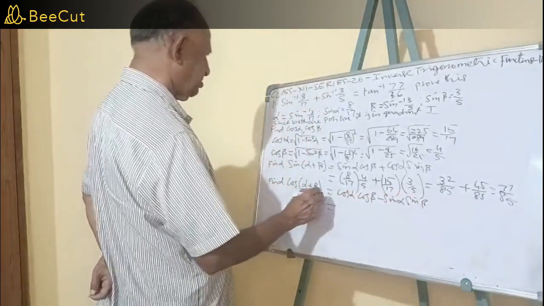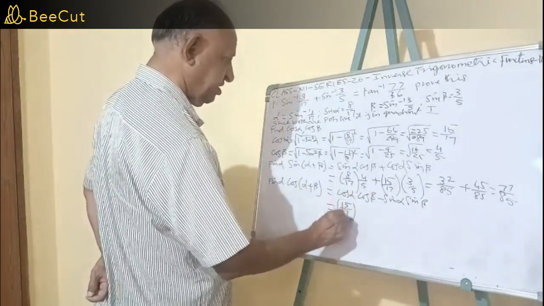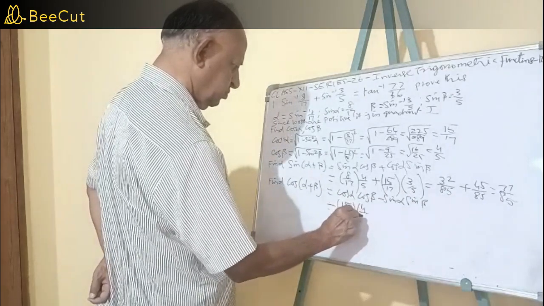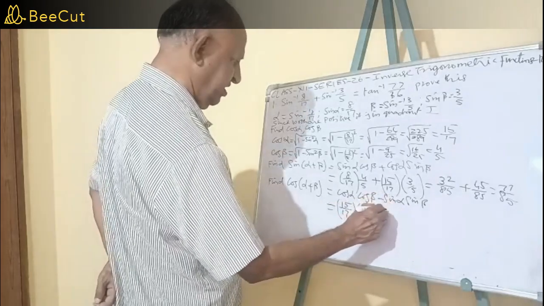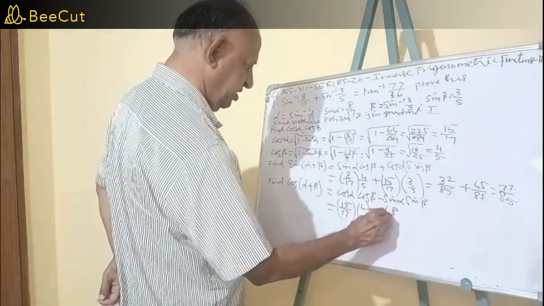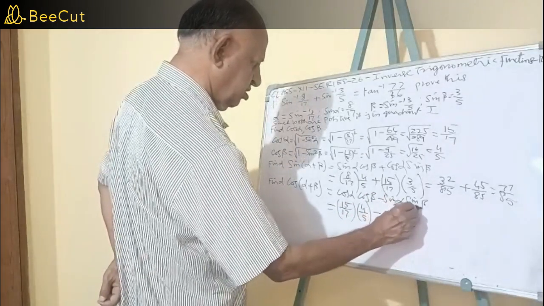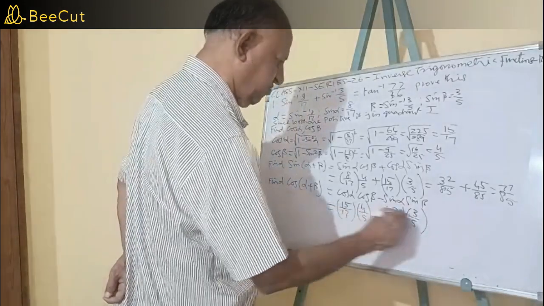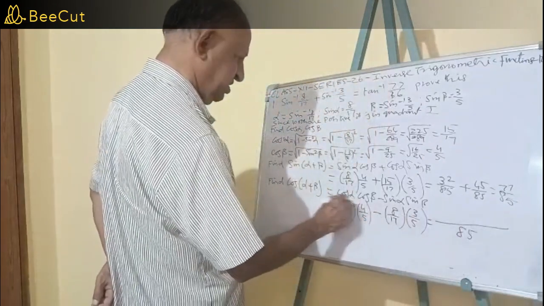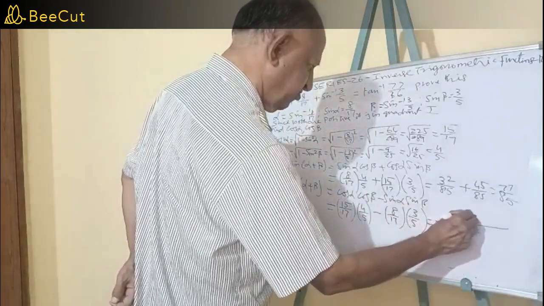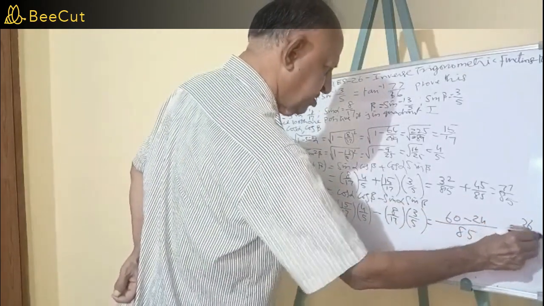That can be written as cos alpha, which is 15 by 17, into cos beta, which is 4 by 5, minus sin alpha, which is 8 by 17, into sin beta, which is 3 by 5. So 85 is common in the denominator. Here the numerator becomes 60, here it becomes 24. 60 minus 24 is equal to 36 by 85.